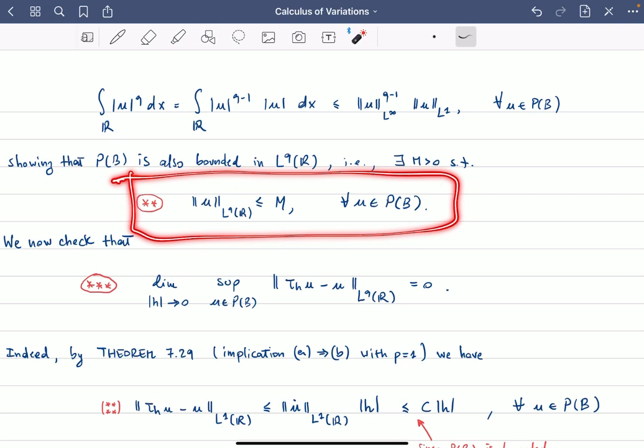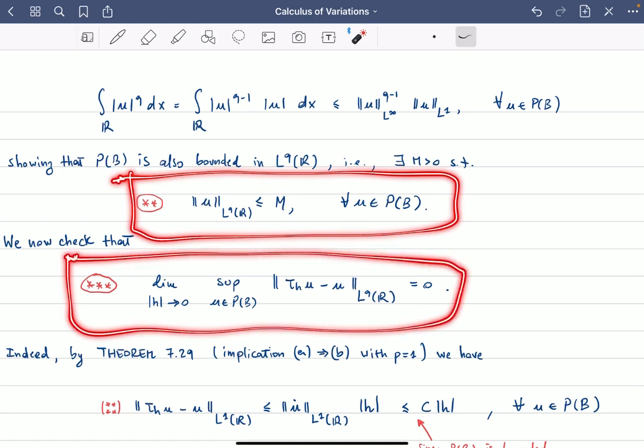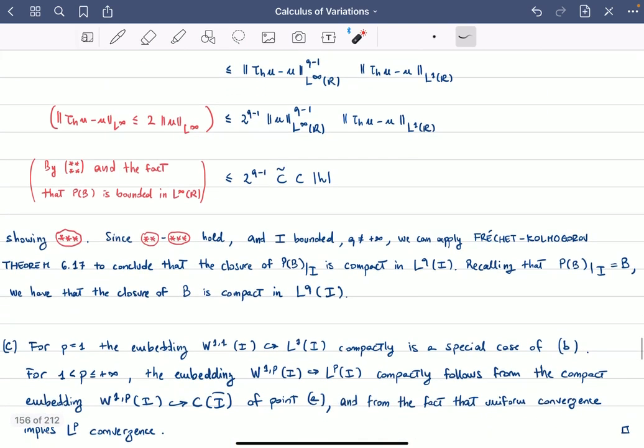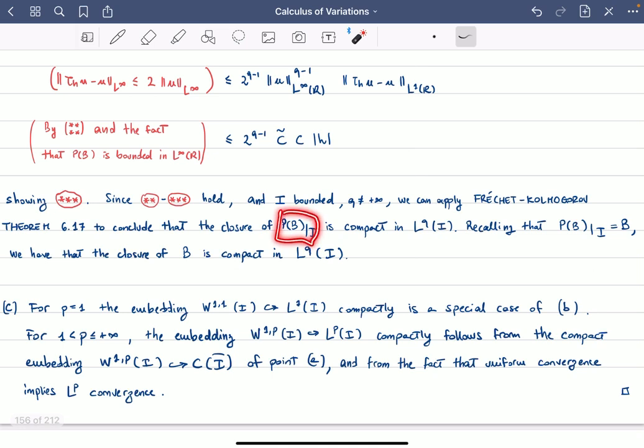So the family P of B is uniformly bounded in LQ, and it is also equi-integrable. These two were just the assumptions of Fréchet-Kolmogorov that we just saw. And so we conclude that the closure of P of B is compact in LQ. Now, recalling that P of B restricted to I is equal to B by construction, we have that the closure of B is compact in LQ of I, which shows the thesis.